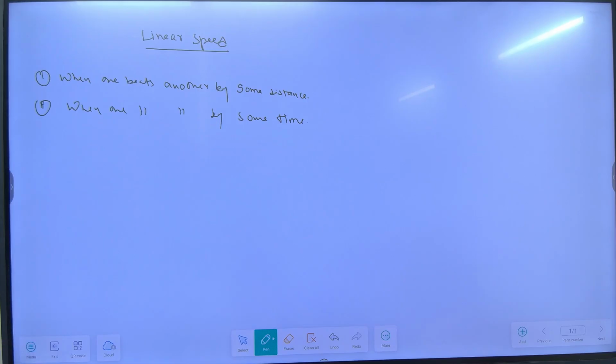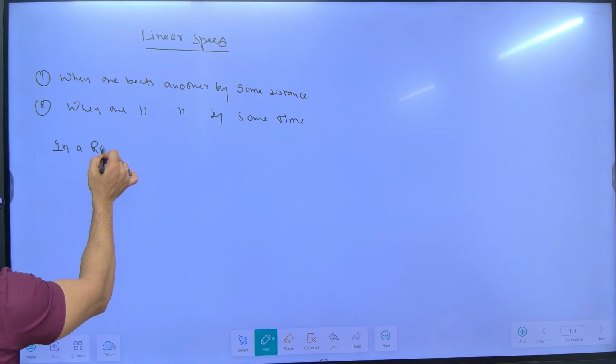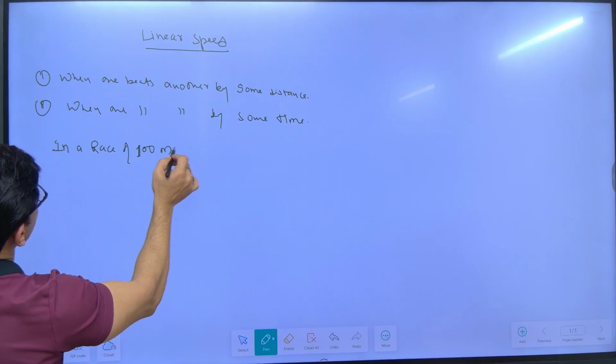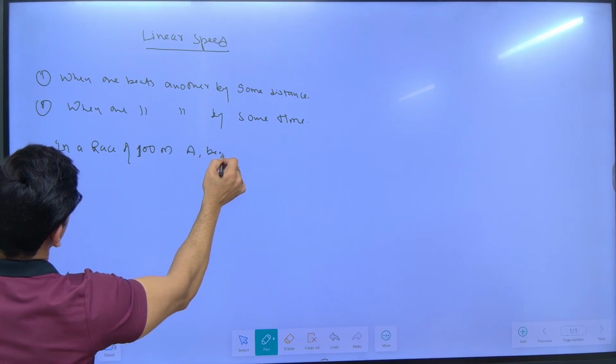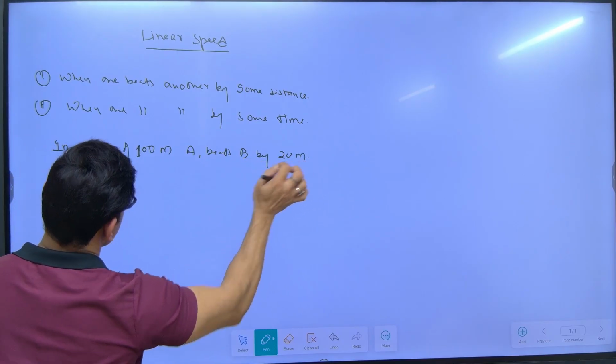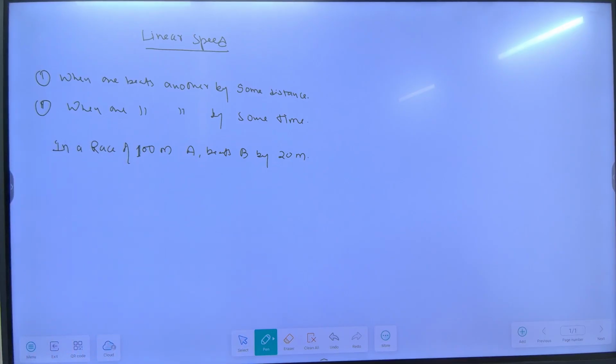Let's say a simple example. In a race of 100 meters, A beats B by 20 meters. Right? In this case, A is beating B by some distance.